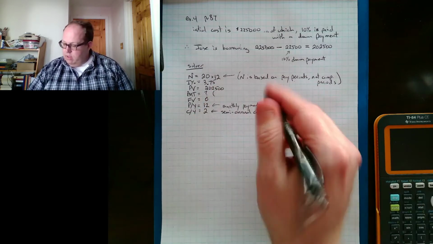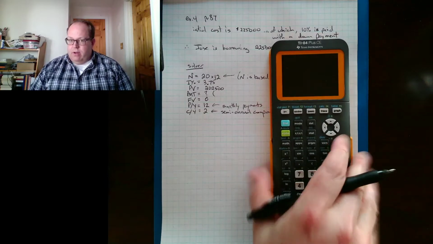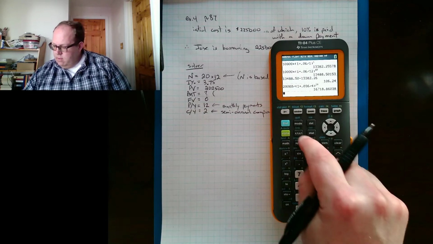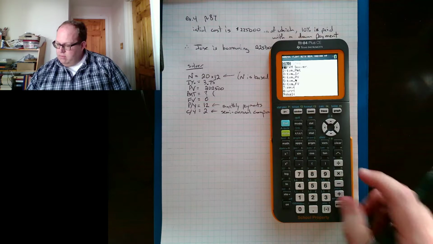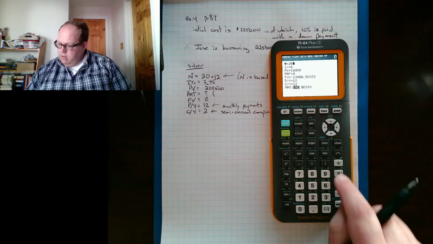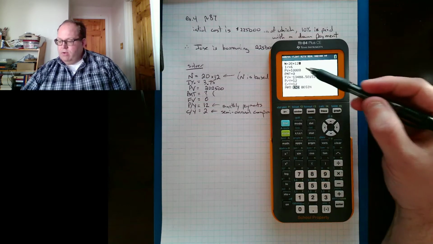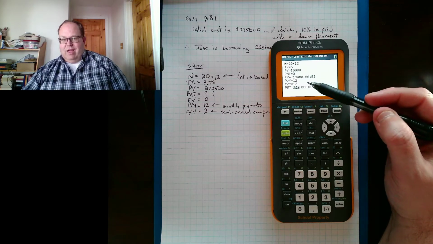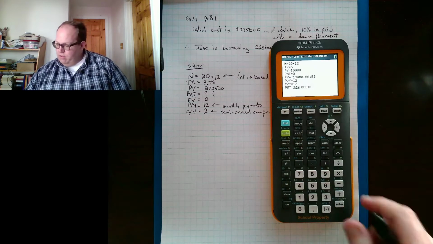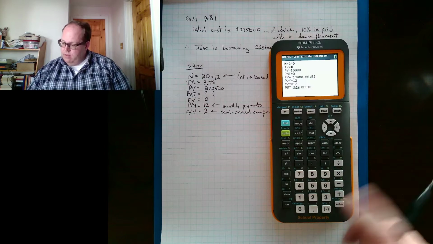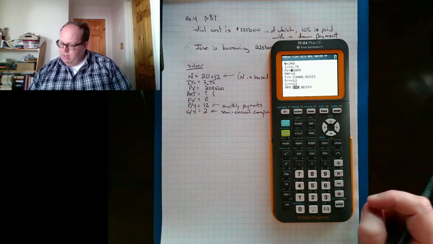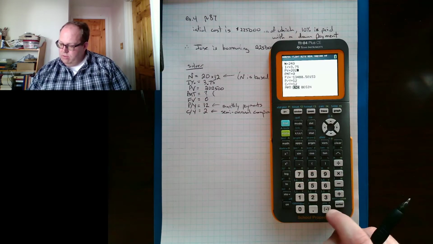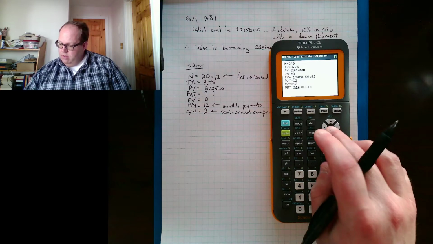All right, so if we drop that all in, finance, TVM solver. I will point out you can do simple calculations in each line, so I don't even have to work out what 20 times 12 is, it'll do it there. 3.75% interest on the loan, borrowing $202,500.